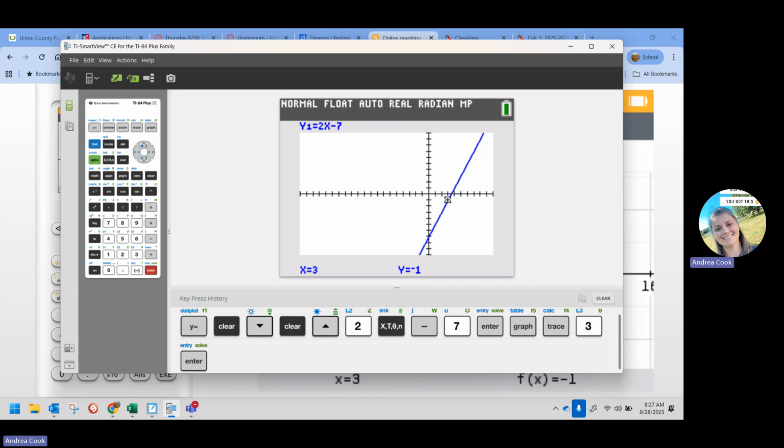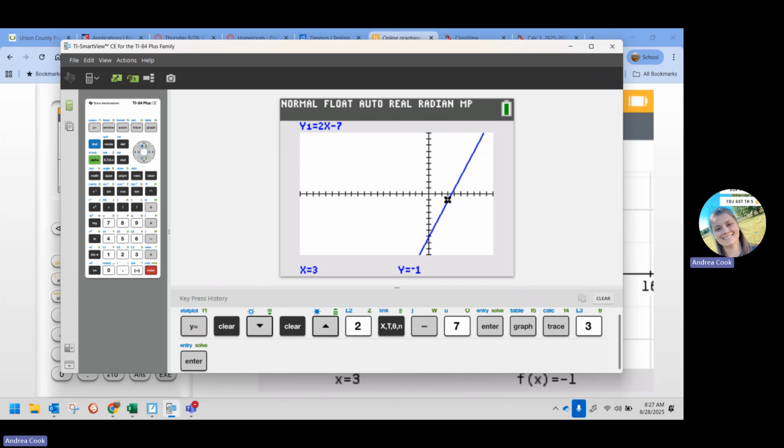So I'm trying to find the limit as x approaches 3. What I did is I put my cursor at x equals 3. It gave me a y value of -1. And remember, I have to look at both sides of the graph.